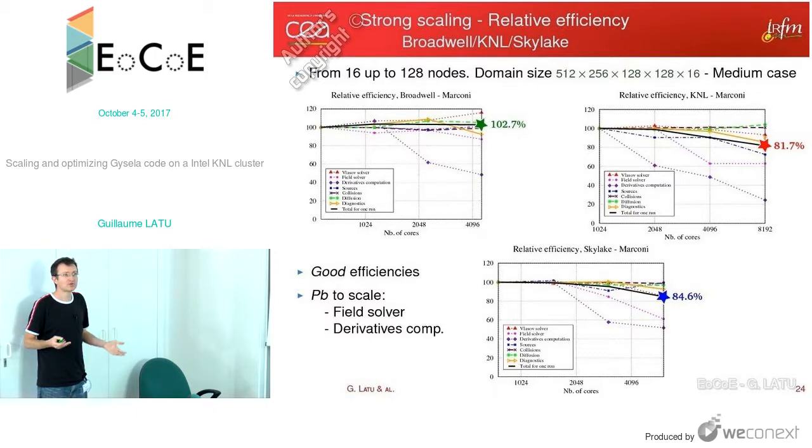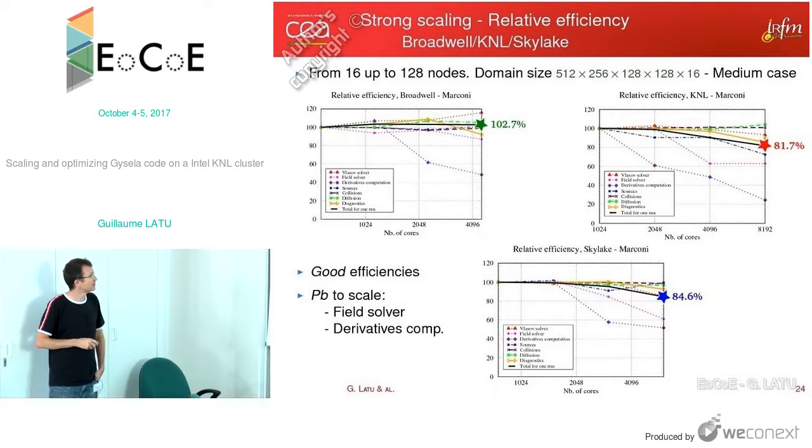I know that the L3 cache is smaller on Skylake, but I don't know exactly the figures. So we have good efficiencies here at the end, but we have a problem to scale the field solver and derivative computation because of communication and complex patterns. That's these two curves here. And on KNL, the problem is much more severe.